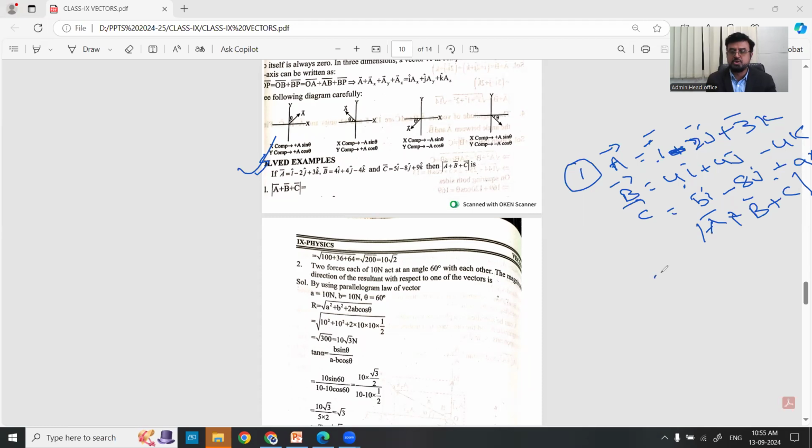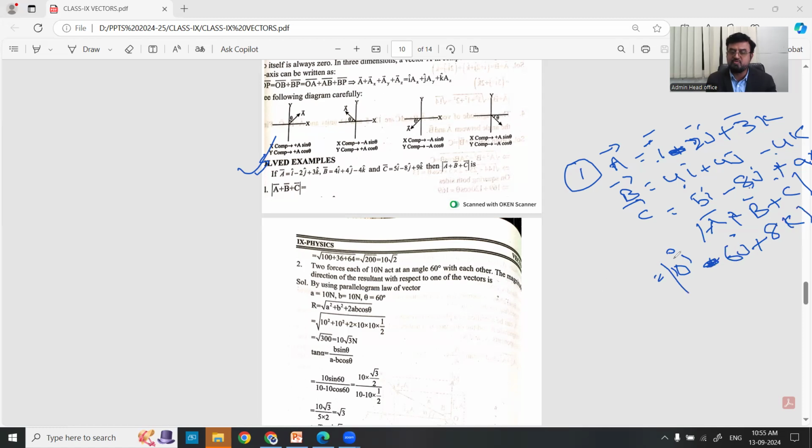Then minus 2j plus 4j minus 8j: first adding minus 2j and 4j, and so on, we get minus 6j. I am doing it directly. Right? Next, 9 plus 3 is 12, minus 4 is 8k. So this is the sum of A plus B plus C.